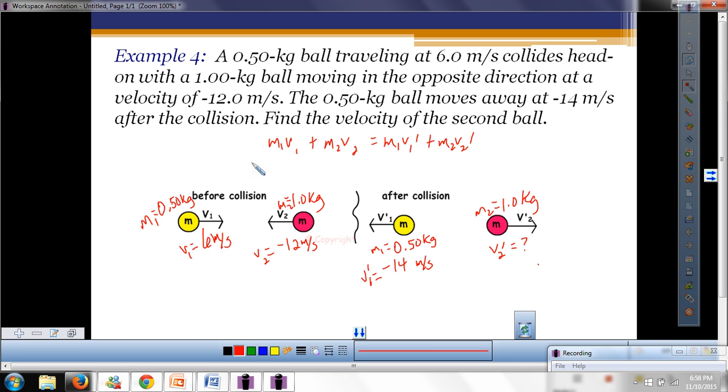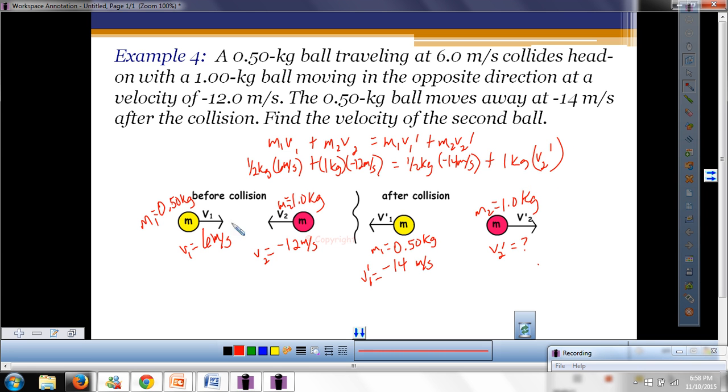So now I just put some numbers in. So a 1/2 kilogram moving at 6 meters per second plus a 1 kilogram moving at -12 meters per second is equal to that 1/2 kilogram moving at -14 plus 1 kilogram moving at some new speed, which we don't know.